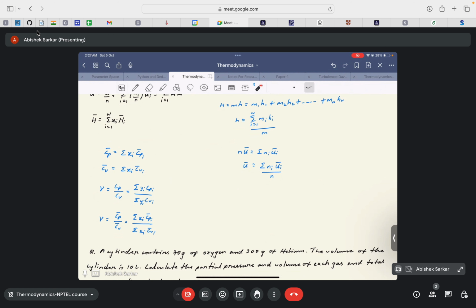Having these definitions, we can define gamma, the specific heat ratio, as the ratio of the summation of yi into Cpi over the summation of yi into Cvi. Similarly, gamma can also be defined as the ratio of the summation of xi into Cpi bar over the summation of xi into Cvi bar.